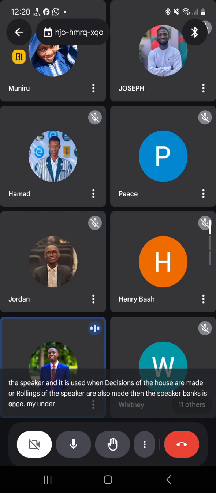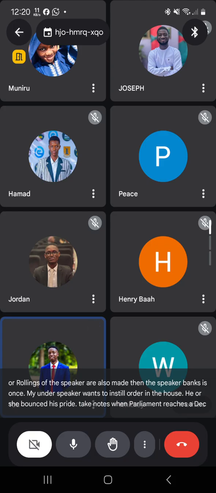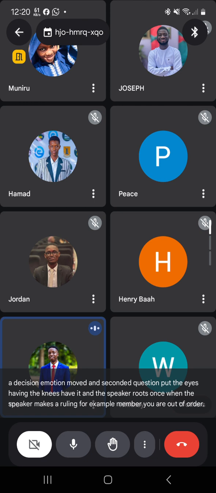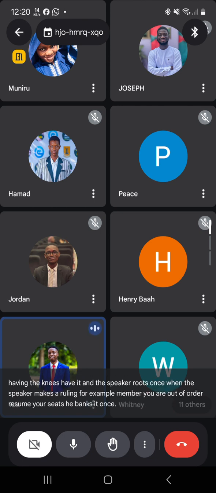But when the speaker wants to instill order in the house, he or she bangs it thrice. Take note. When Parliament reaches a decision, a motion is moved and seconded, the question is put, the ayes have it, the nays have it, and the speaker rules, he bangs it once. When the speaker makes a ruling, for example, "Honorable member, you are out of order, resume your seat," he bangs it once. That is a ruling.